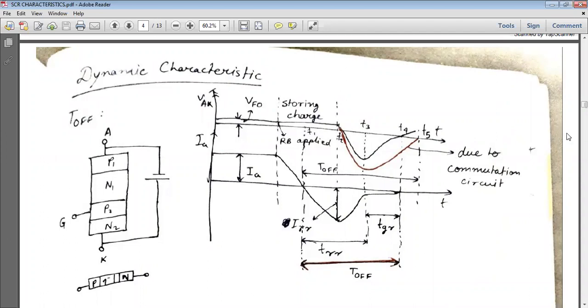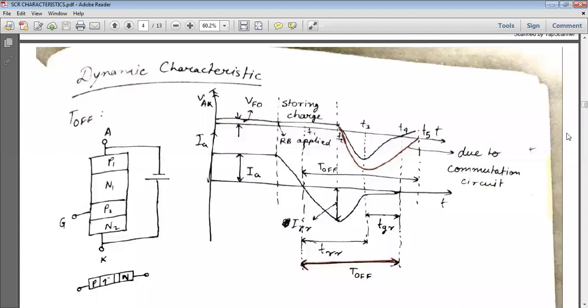So for that, some more voltage is maintained after T2 by using some external circuit. If external reverse biased voltage is applied for a small duration, which is more than T4, assume T5. At T5, the voltage is not 0, the current is 0.